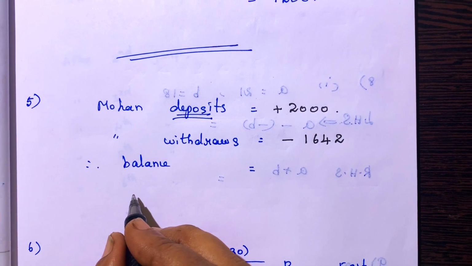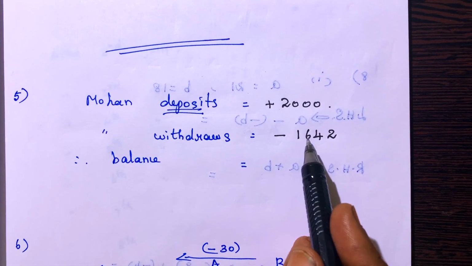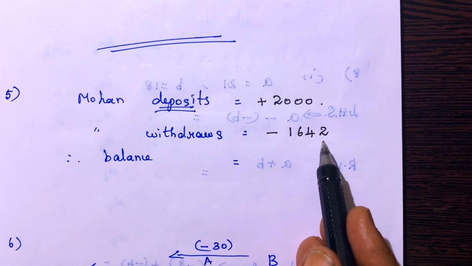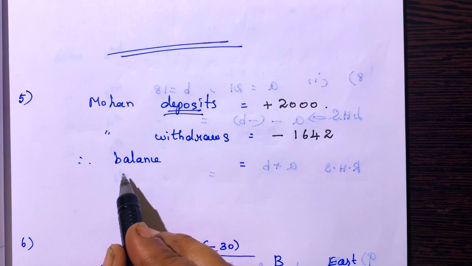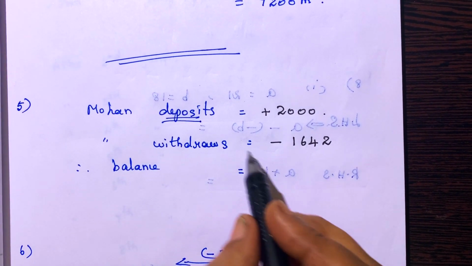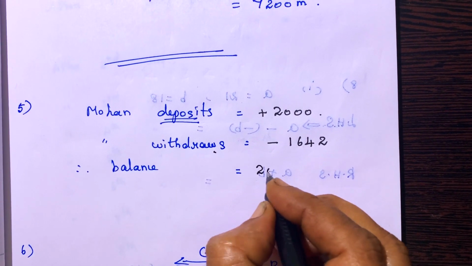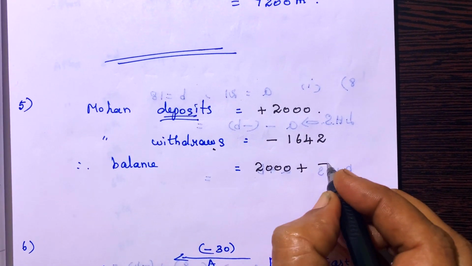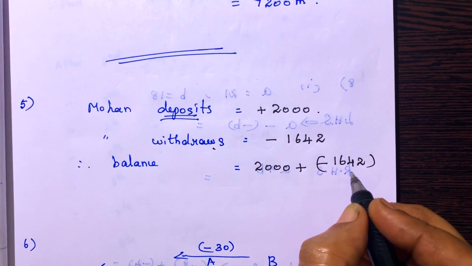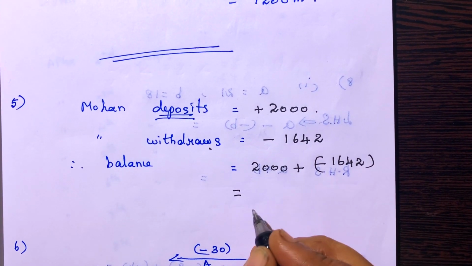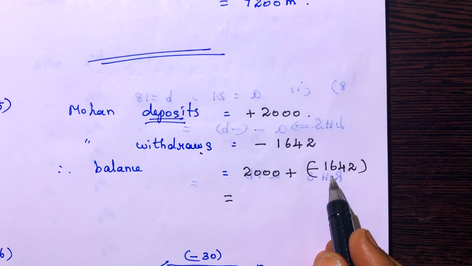Balance we have to see. If we want to see the balance, we will simply do 2,000 minus 1,642. That only we are going to do here also. When we see the balance, we are adding both the deposit and withdrawal money. So 2,000 plus minus 1,642, both we are adding. This is a positive integer and this is a negative integer.